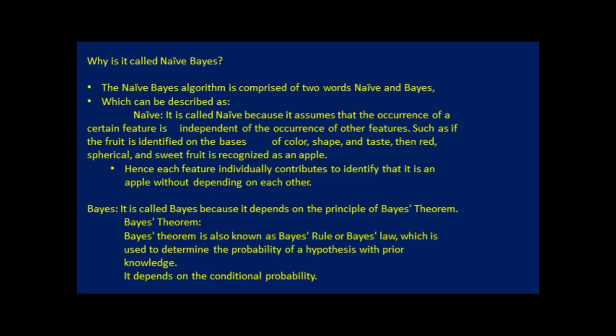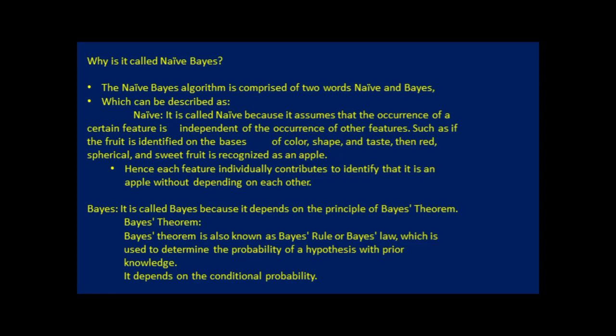For example, the color is red, it is spherical, and it is a sweet fruit. So we can recognize it as maybe an apple or maybe a tomato. But tomato is not sweet, so we can say that it is the apple. Hence each feature individually contributes to identify that it is an apple without depending on each other.